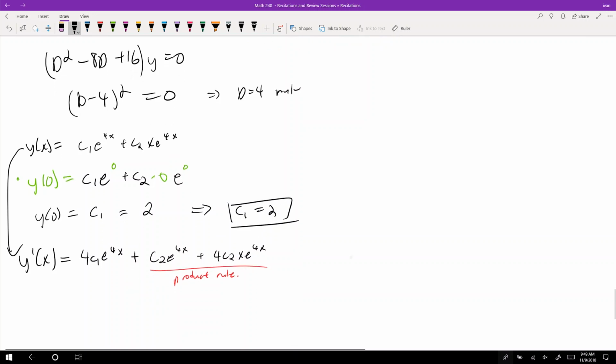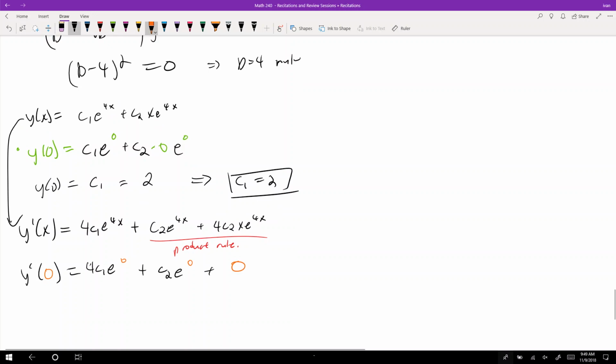Now we need to evaluate y prime at 0. So this is 4c1 e to the 0 plus c2 e to the 0. And what happens to this last term? It's 0, it gets killed by the x.